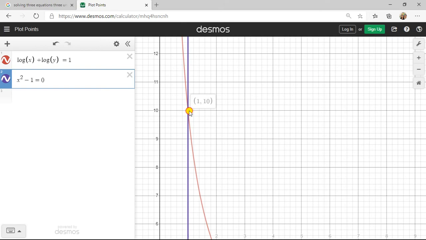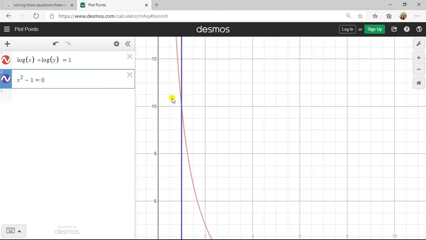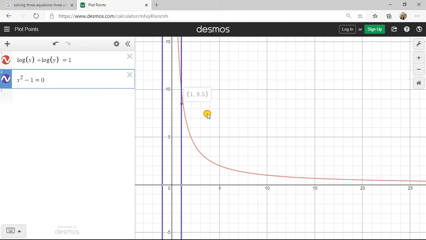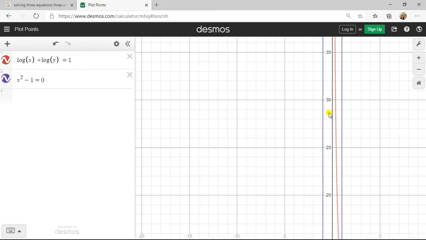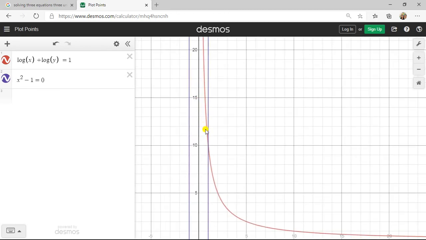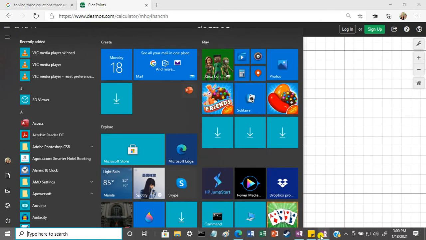Our x is 1, y is 10. So therefore this is proven. As you notice, the logarithm graph, the orange one, does not go to the negative side. It is asymptotic to the y axis, so it cannot be negative. This is our answer, which is the intersection, that is 1 and 10. Okay, so let's go back.